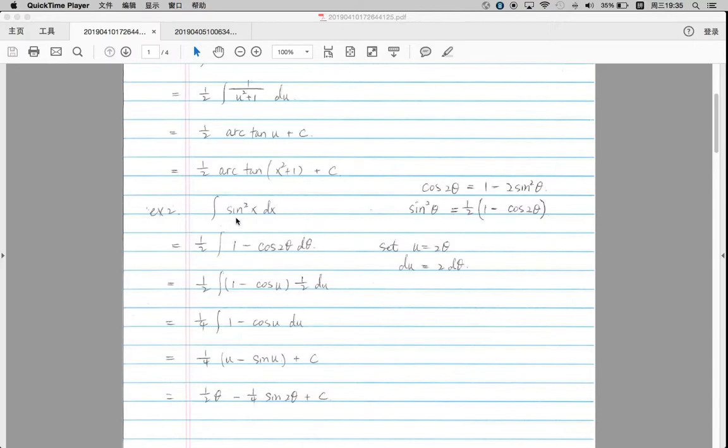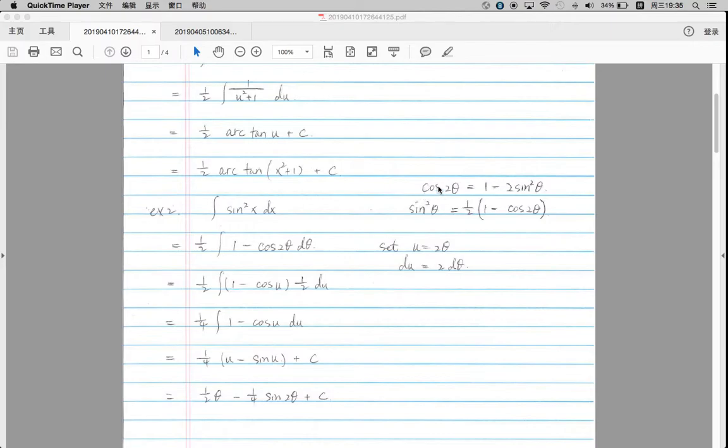Let's think of some formulas that we memorize that involve sine squared. We have something like this: cosine 2 theta is 1 minus 2 multiplied by sine squared theta. You can either memorize this or memorize some other formula that will lead you to it.